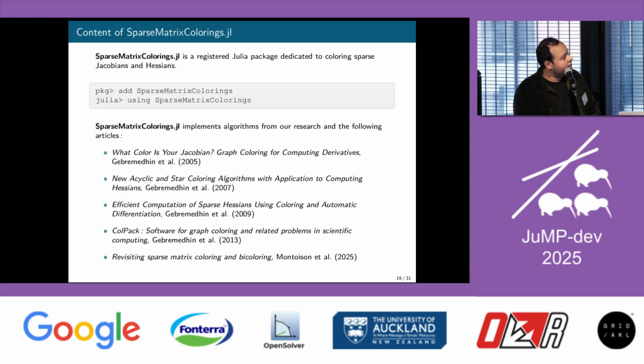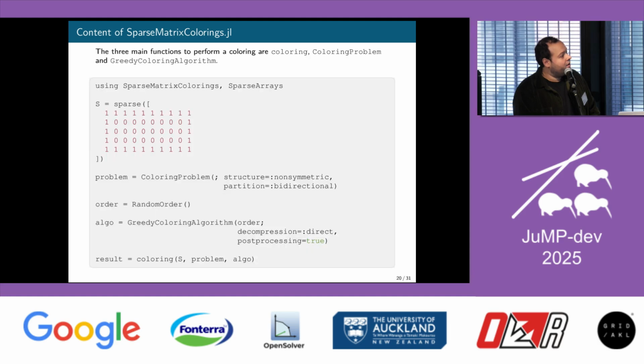So from that, we made this Julia package with my colleague Guillaume Dalle. We used all the previous papers on coloring, and we wrote a new one where we explain what we can do on bicoloring and what can be improved already on coloring and bicoloring. In terms of implementation, that's very simple. We just create a problem. We specify if we want a symmetric or non-symmetric structure, and if we want to do bidirectional computation or only along the columns or the rows.